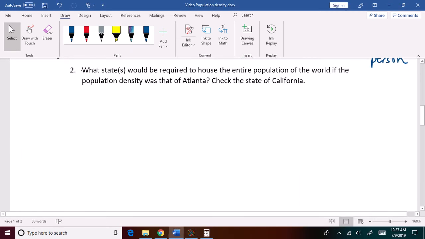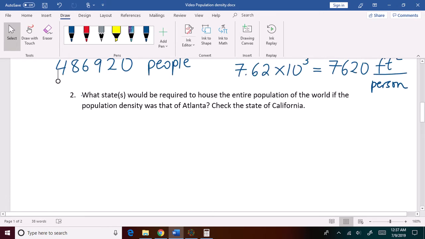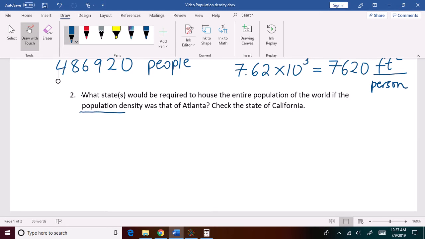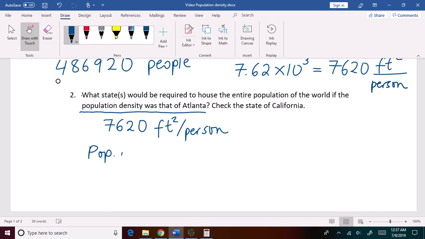So now we will work on this problem. It says what states would be required to house the entire population of the world if the population density was of Atlanta. So let's take the population density of Atlanta to be what we found, 7,620 feet squared per person. Of course, for this problem we need the population of the world.